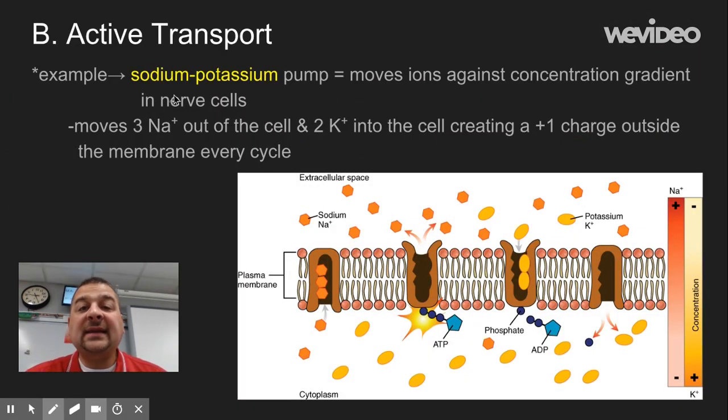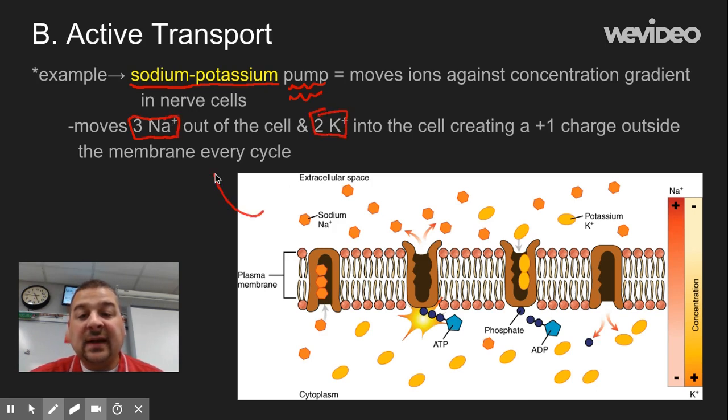One of the main examples of active transport that many books and tests talk about is the sodium-potassium pump. It's a pump because it's using energy, right? And it's going to move ions against a concentration gradient. Well, what ions? Sodium and potassium.